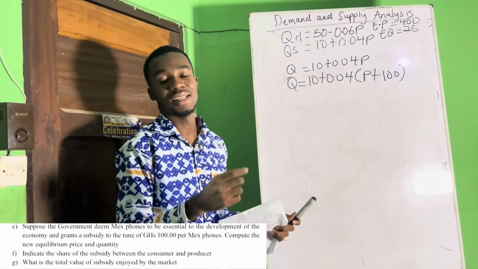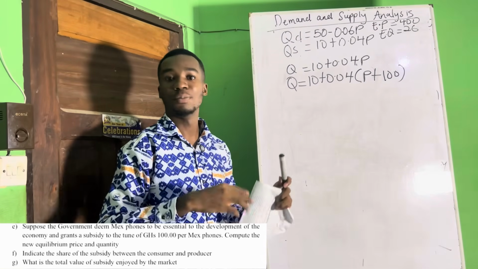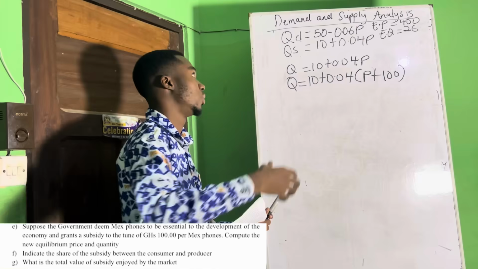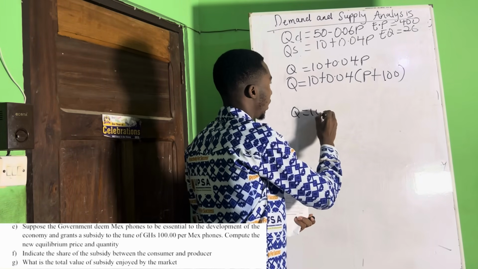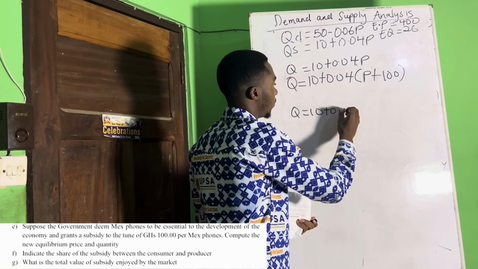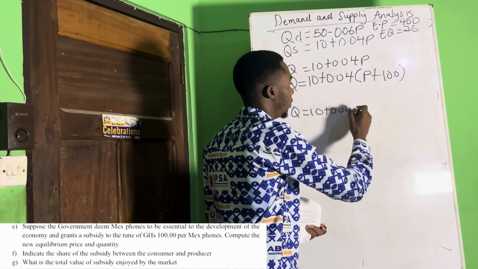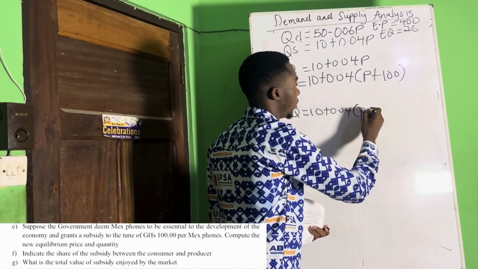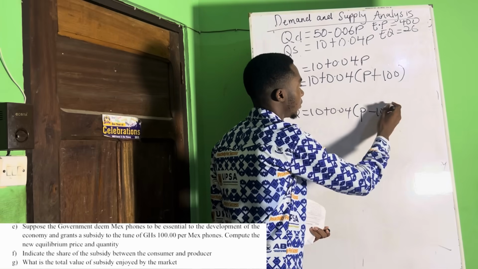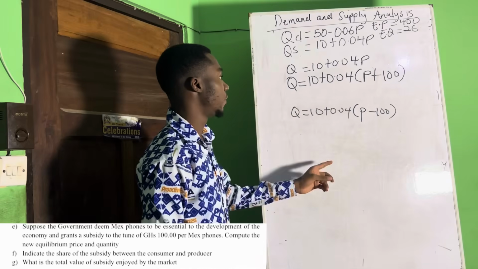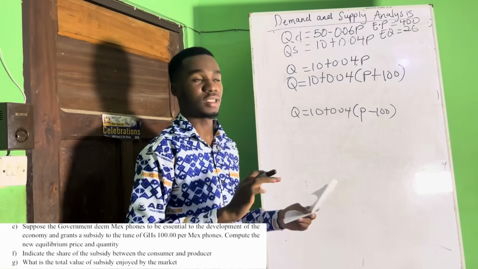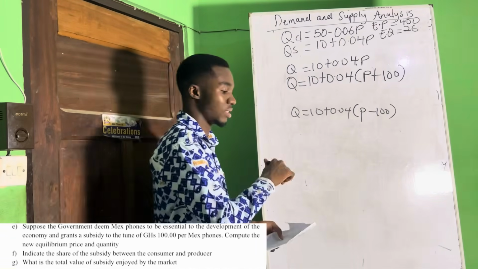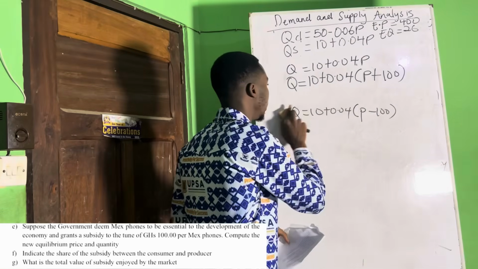Assuming the question says that a tax, an excise tax or an import tax, any tax, has been introduced on the company, it would have been Q is equal to 10 plus 0.04, then where the P is, in brackets, P minus 100. Do you get it? That's if a tax was introduced, so excise tax, import tax, or anything. But now they said a subsidy. So for subsidy, you add.